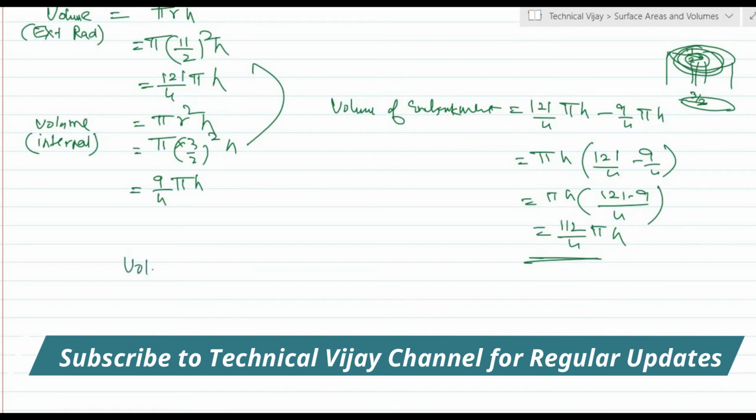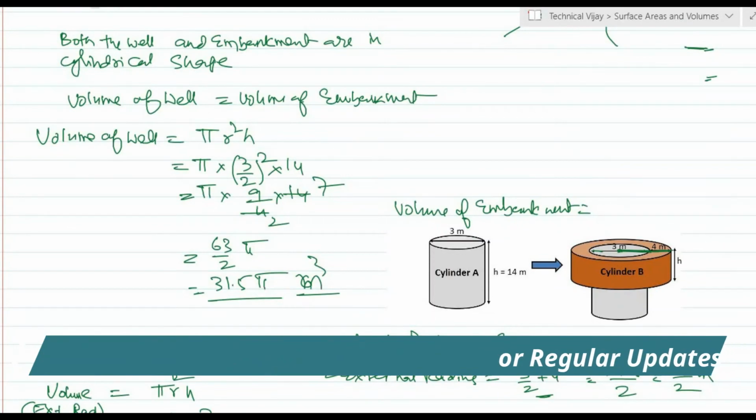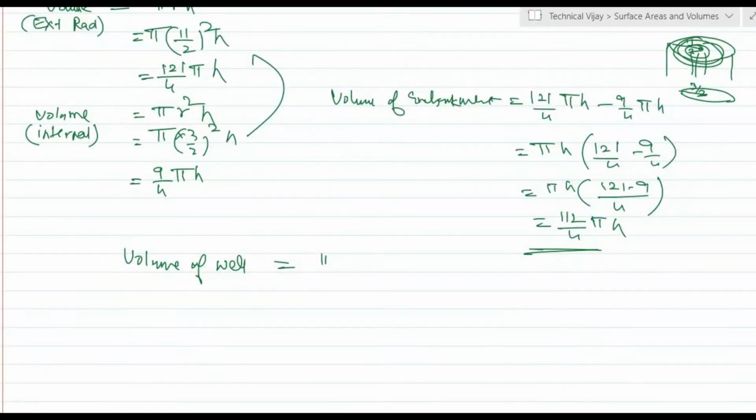So the volume of well is equal to what? That is 31.5 pi. This is equal to this, so we will equate both volumes.